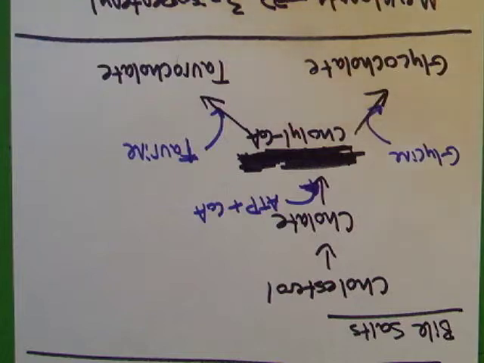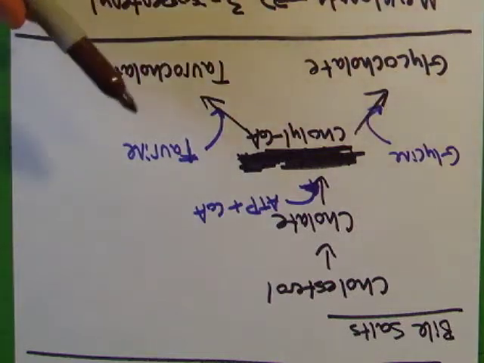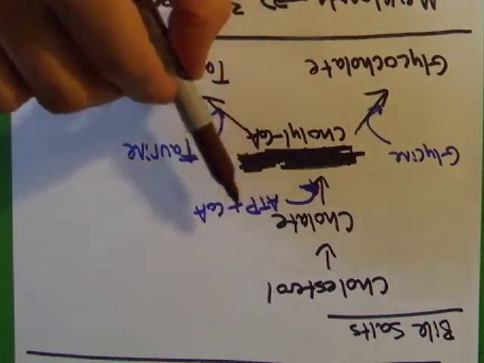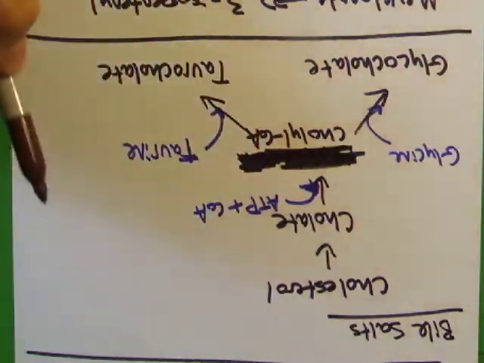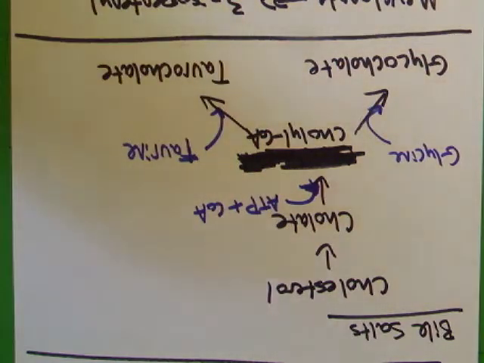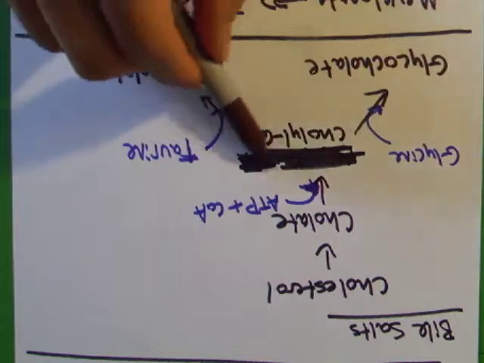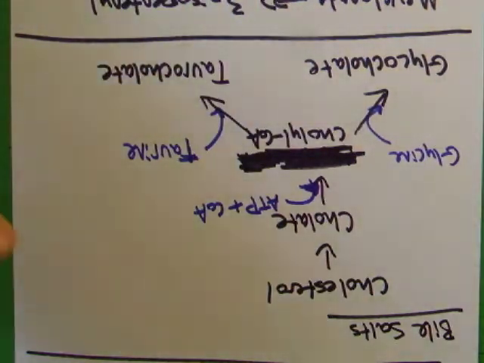So know that if he asks what makes taurocholate, you need taurine, you need ATP, you need CoA, you need cholesterol, you need cholate to begin with. The most immediate precursor is cholyl-CoA, so those are a couple ways he might ask about bile salts.